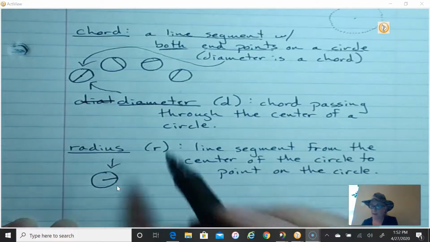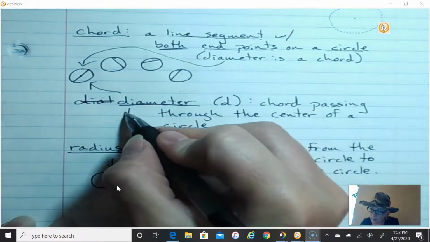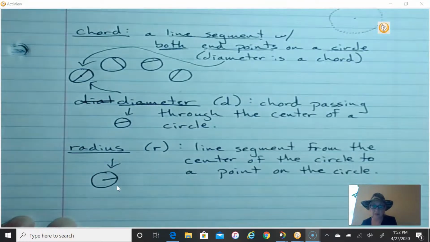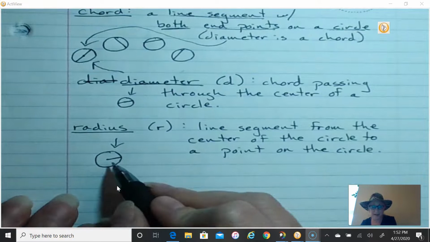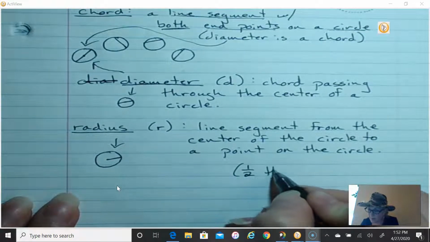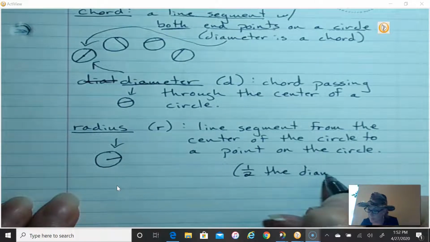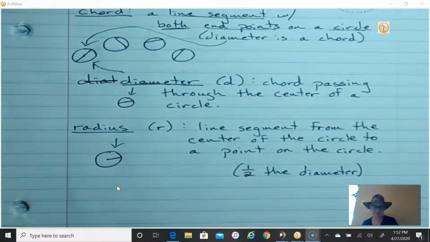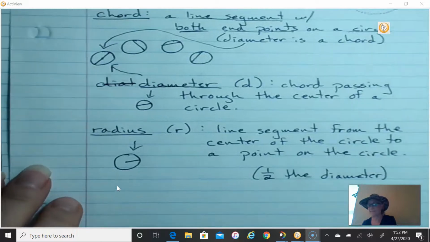So diameter is a line that goes through the center, and radius is half of that. It is half the diameter. That's important to know. Luckily, you remember all of this from 5th grade and 6th grade.